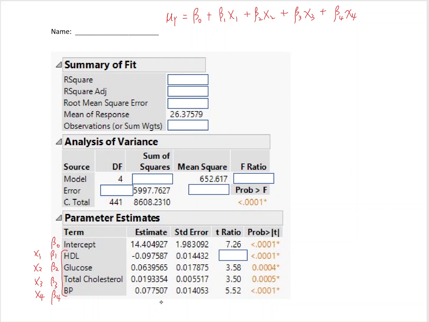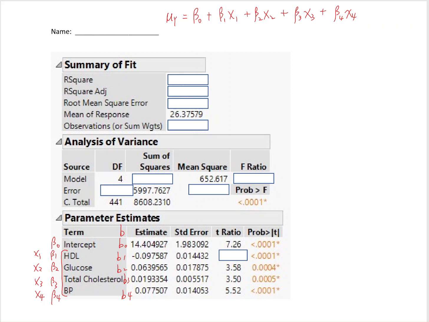The first column of the parameter estimates table gives the corresponding estimates for the betas, which are the values of the b's: b0, b1, b2, b3, b4. The next column is their corresponding standard errors, standard error of b0, standard error of b1, and so on.